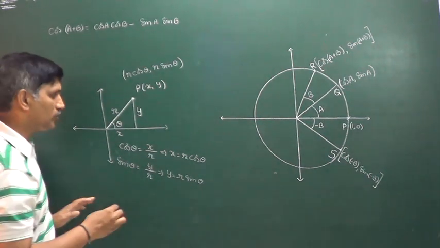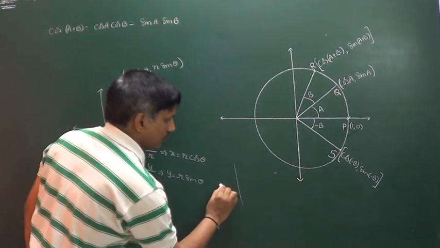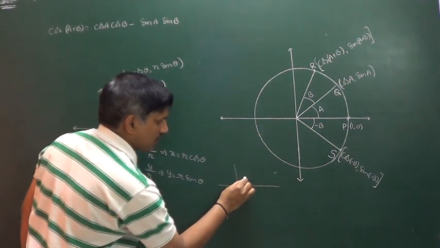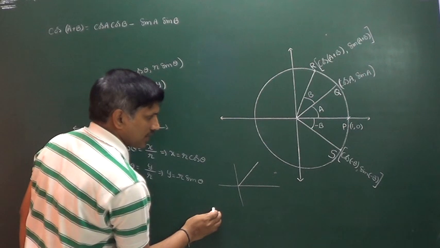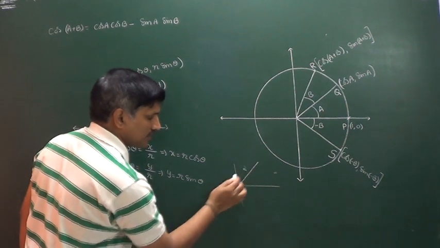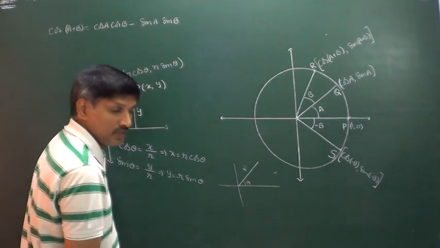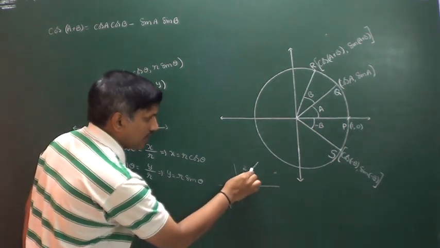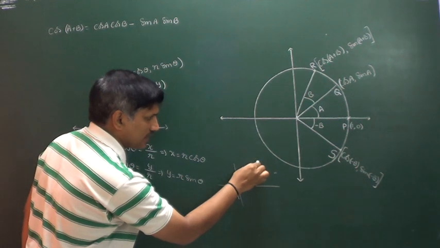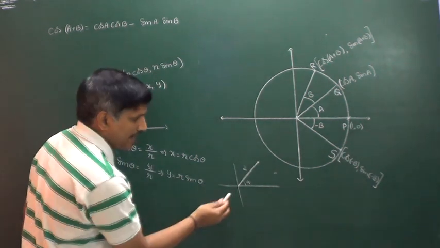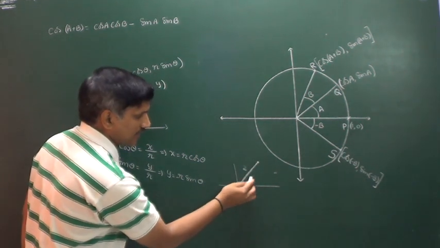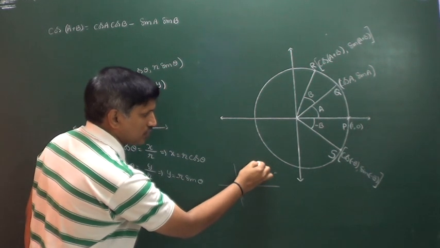Yes or no? Suppose you see again, this is the information we have. This ray has length 2 units and makes an angle alpha with the x-axis. Now can you tell me what this point is?